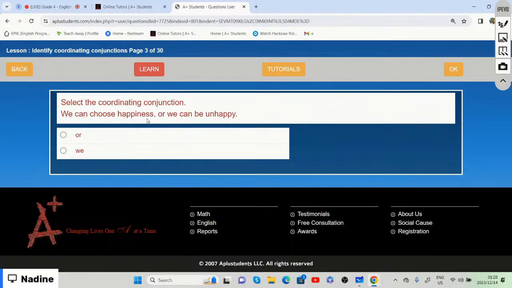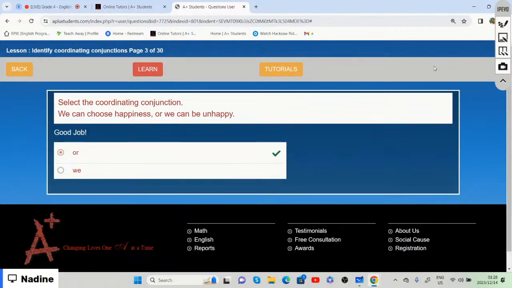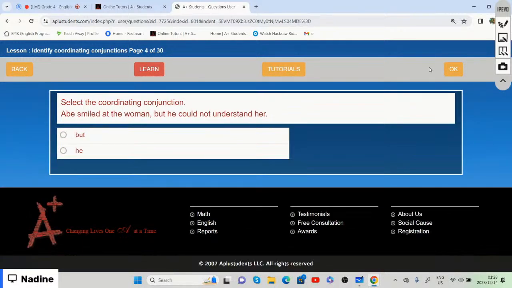It says we need to select the coordinating conjunction, and we say we choose happiness or we can be unhappy. So or is our answer, and that is correct. Good job. Or is correct.